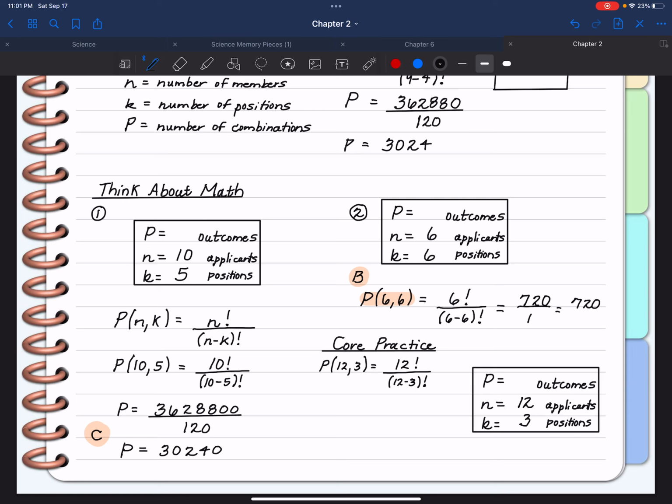So let's do 12 factorial. It's going to be huge. We can already know that. Oh my goodness. 479001600. No, 479 million 1,600. Excuse me. And then 12 minus 3 is 9 factorial, is 362,880.